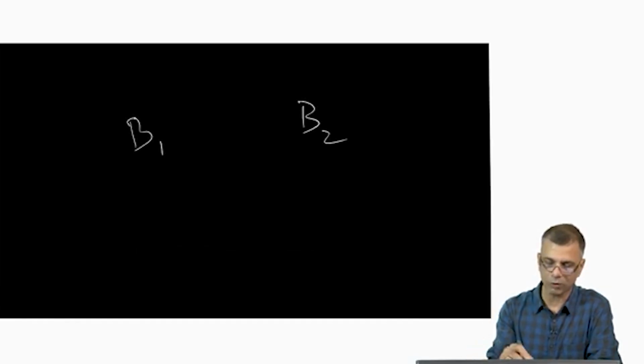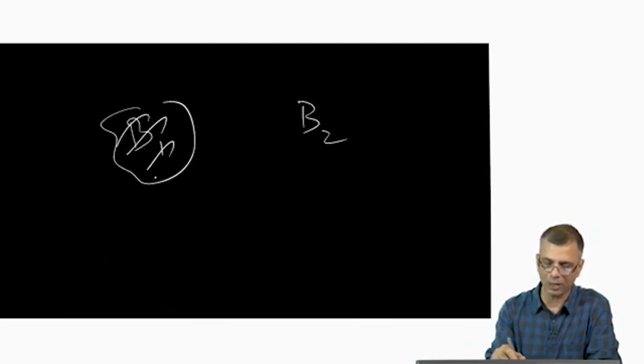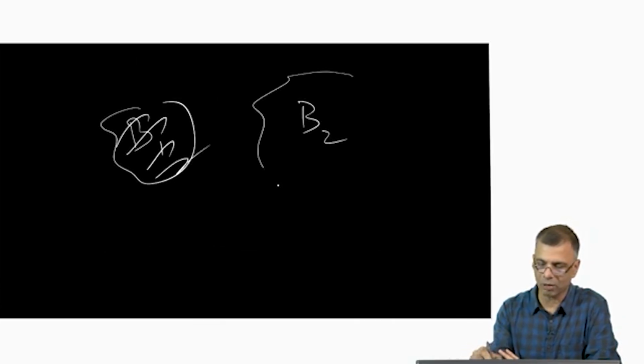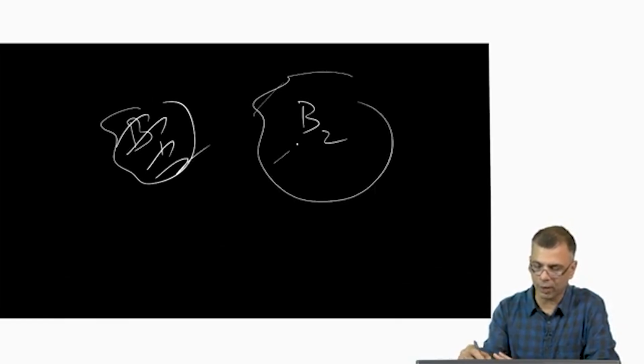Now there are instruments these days called magnetometers, where you can measure the magnetic fields on the surface of the sun, in other words on the photosphere, and you can figure out that the longitudinal magnetic field is say B1 here and B2 here, and so on and so forth. So you would have a patch of large magnetic field, and a patch of low magnetic field, and so on.